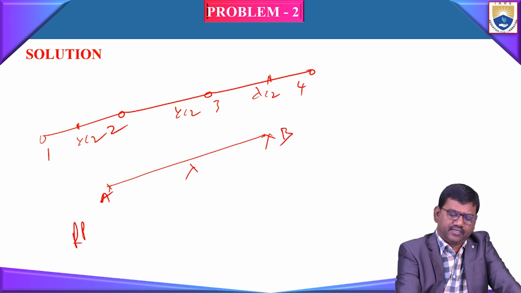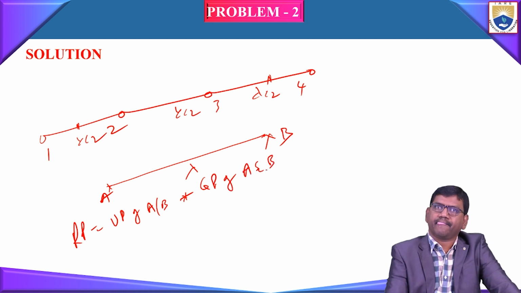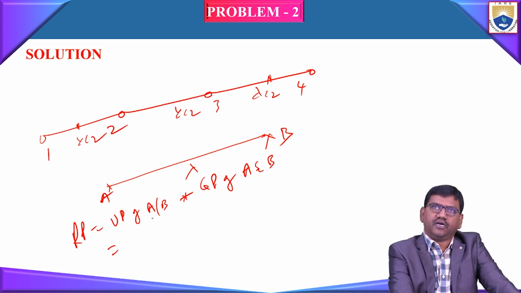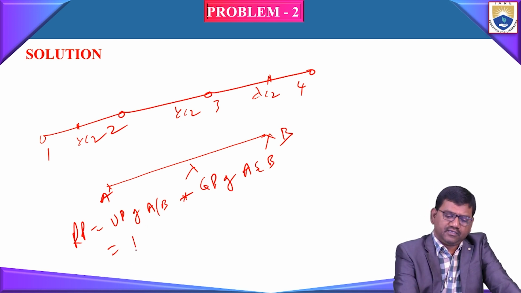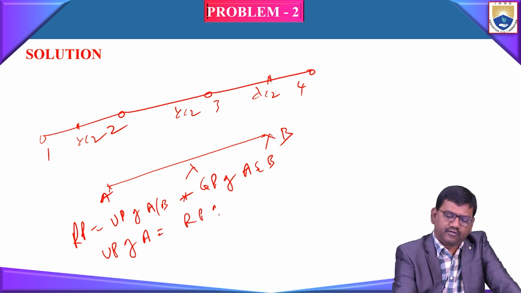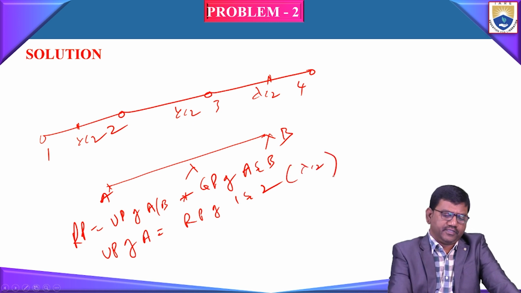So the resultant pattern is given by the unit pattern of A or B multiplied with the group pattern of A and B. What is the unit pattern of A? It is a combination of 1 and 2. That is, the unit pattern of A is equal to the resultant pattern of 1 and 2 separated with lambda by 2 spacing.